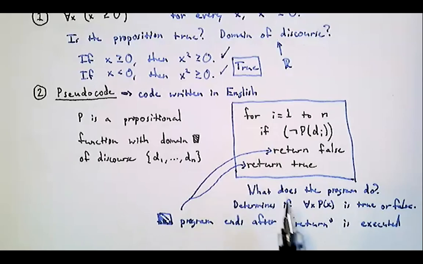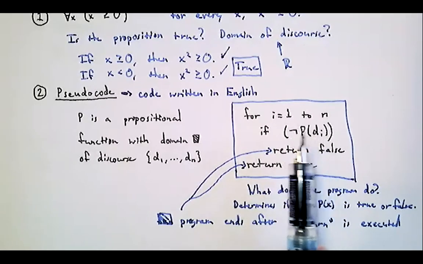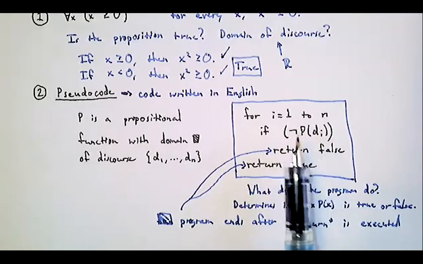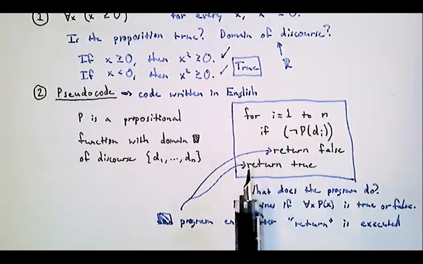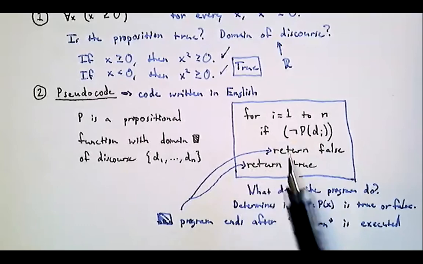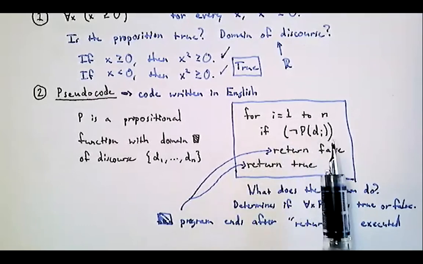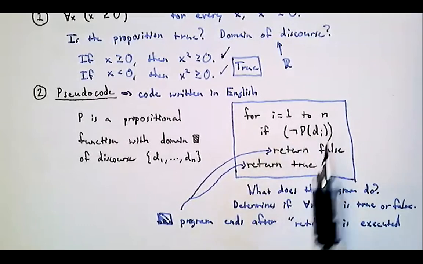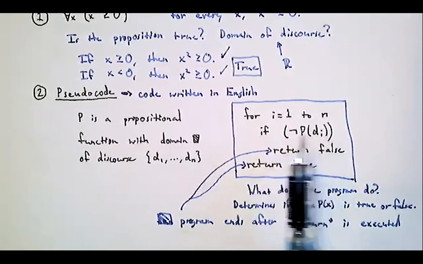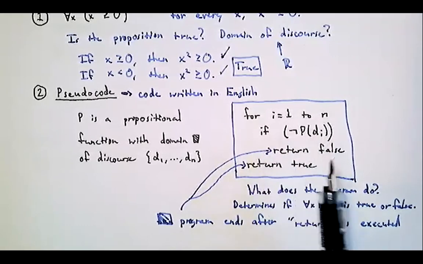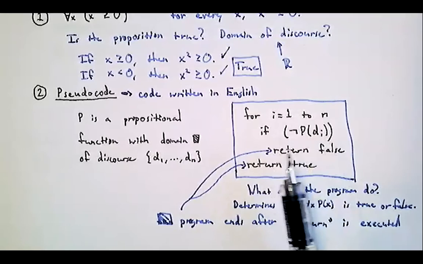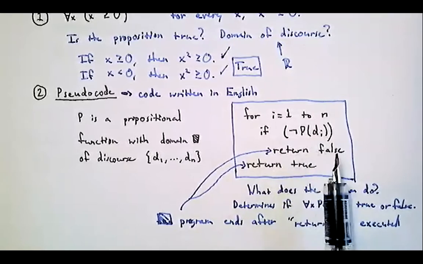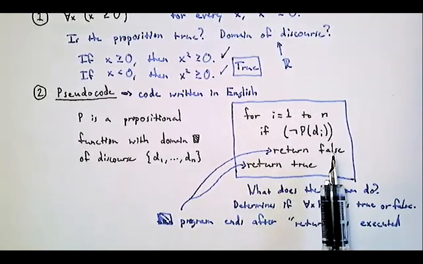Because if P of x is always true, this is going to be false all the time. So it's going to skip this and return true. If a single one of these values is ever false, then this if statement becomes true. That means this line is going to be run, and the program is going to return false.